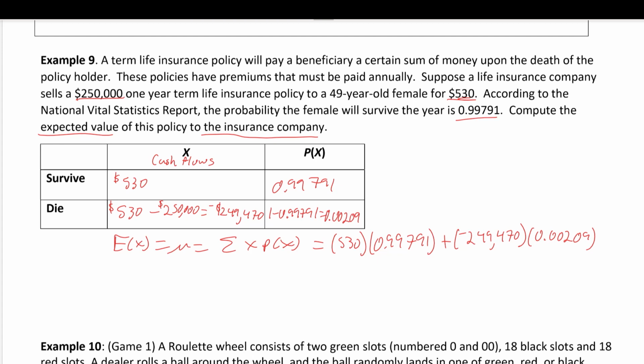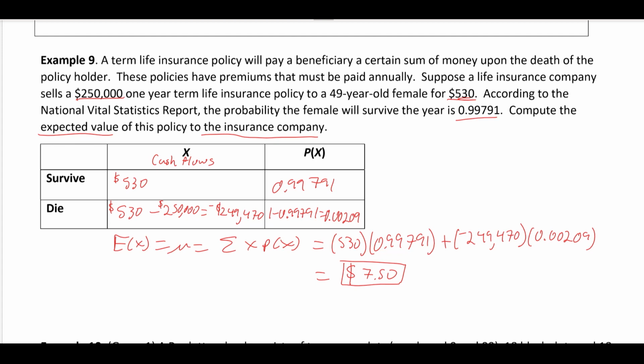If you multiply those, and of course this turns out to be subtraction, you will get a positive number, $7.50, if rounding, I believe. So what this means is that they priced it in such a way that every time they sell one of these policies, they can expect to make $7.50.